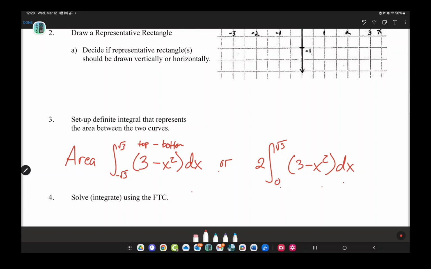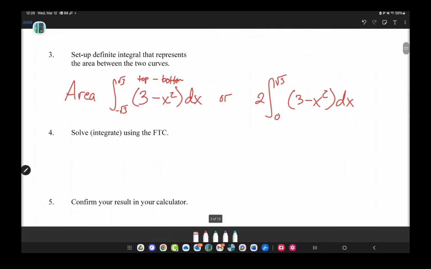Because this is symmetrical, an even function, we can just double from 0 to square root of 3, which would be easier, right? All right, so to solve the integral, we're going to solve this one over here because it would be easier.